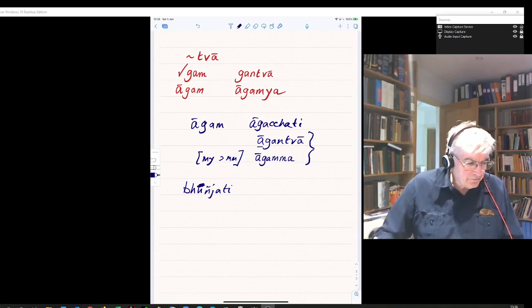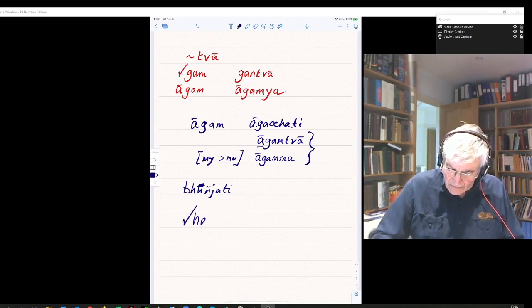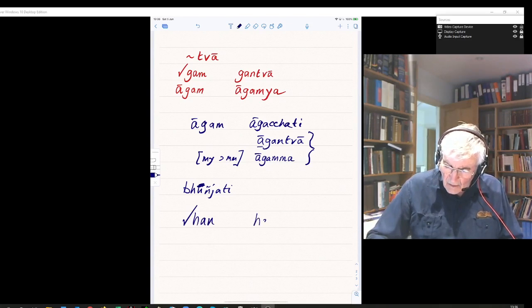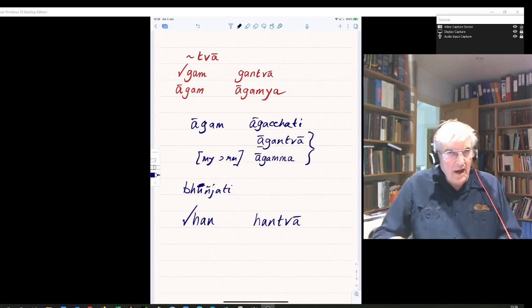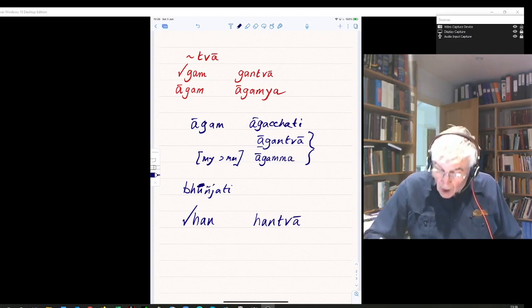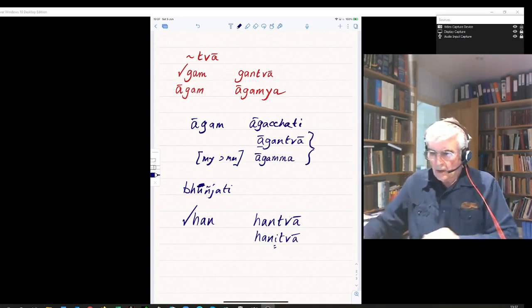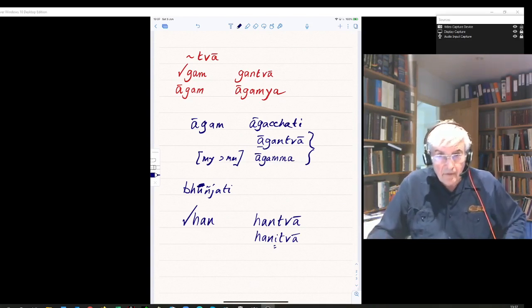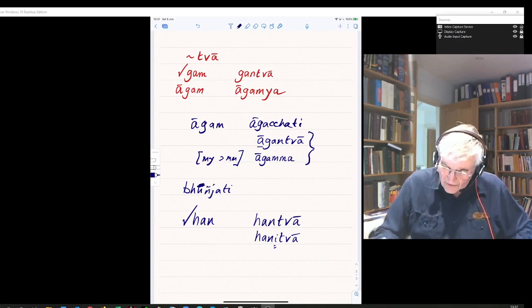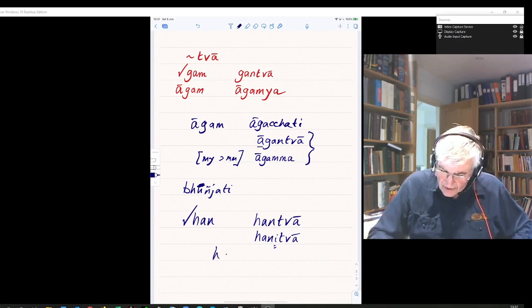So, for example, if you look at the third one along, hanati, from the root han, Vedic root han, you have hantwa, which is the standard formation, but Pali will allow you to insert that i there to make hanitwa. Now, in Sanskrit, only one form would be allowed. In fact, in Sanskrit, the n drops out, so it becomes actually hatwa, having killed.